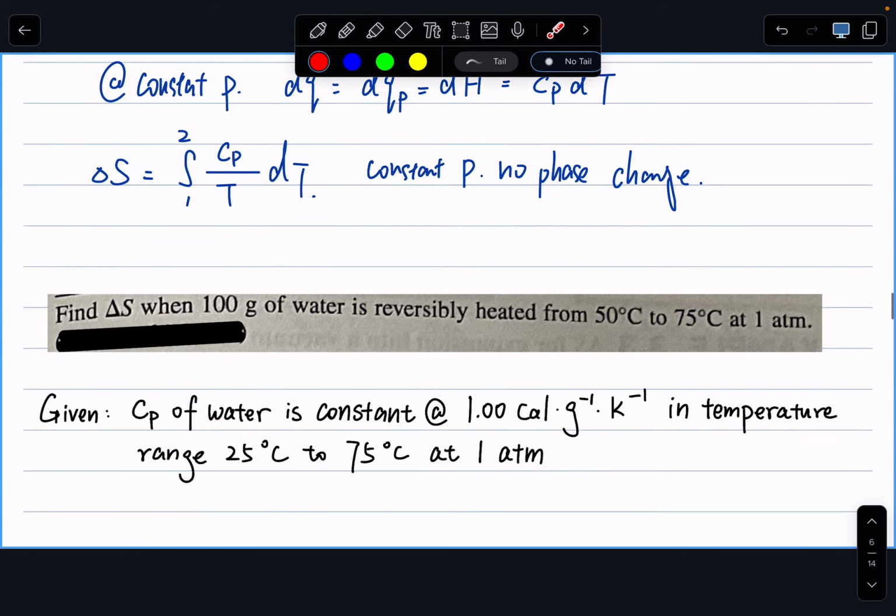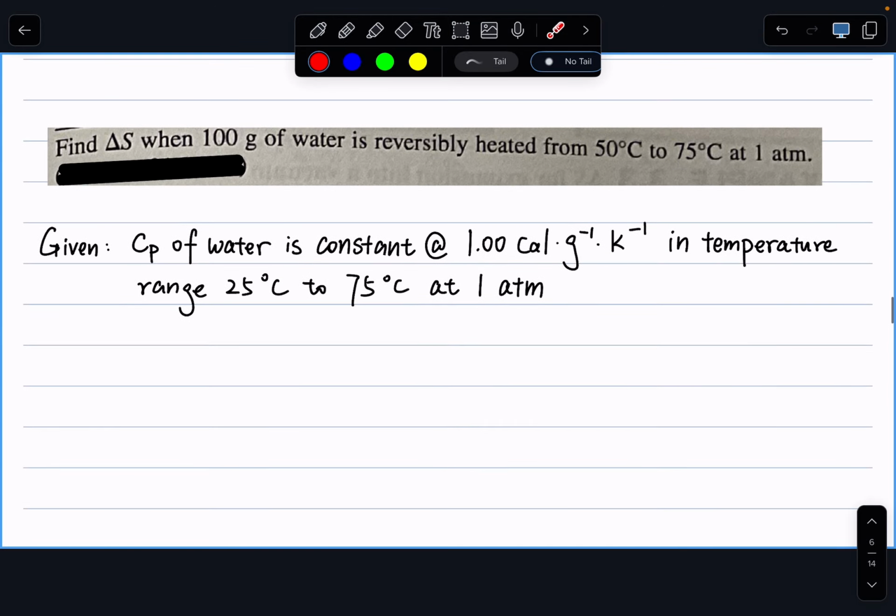So in this case, the example question would be: find the delta S of 100 grams of water that is reversibly heated from 50 degrees Celsius to 75 degrees Celsius at 1 atm. We also need to give you the Cp of water. So in this case, we're giving you that Cp of water is constant at a certain temperature. We might also give you Cp as a function of temperature, so you can actually solve that integral, right?